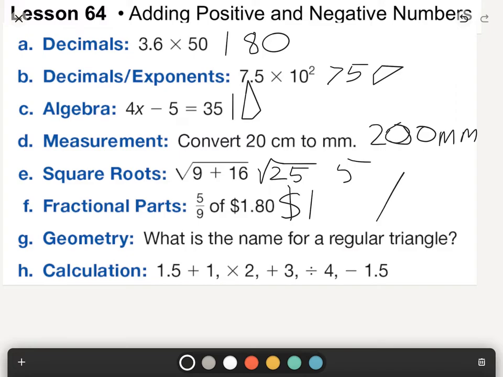Then the name for a regular triangle would be, whoa boy, all those sides are equal. What do we call this? An equilateral. Now remember, it's an equilateral, not an equilateral.